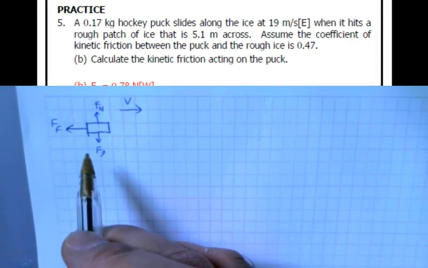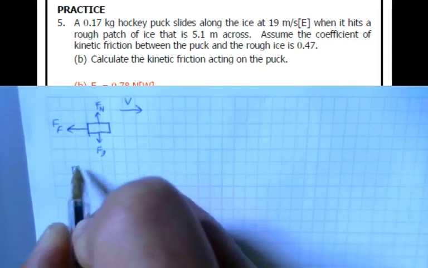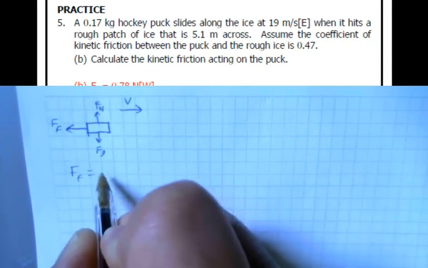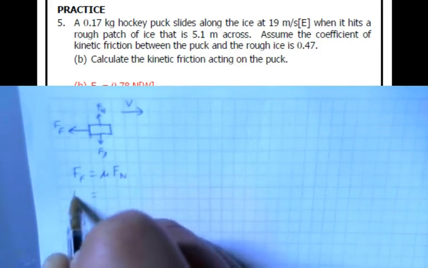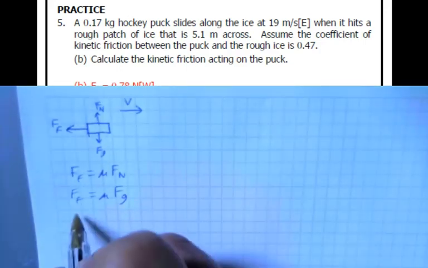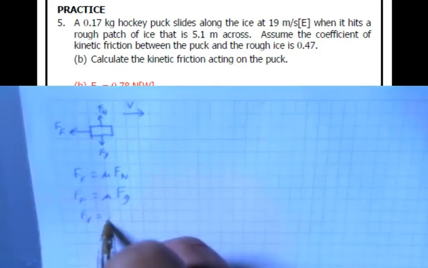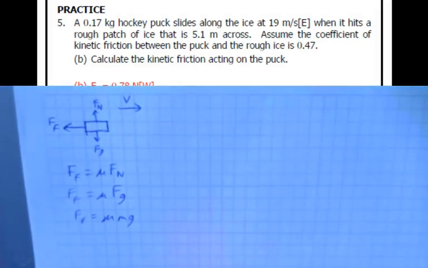Well, if 0.47 is the coefficient of kinetic friction, then FF is equal to mu Fn. And in this case, Fn is equal to Fg. So FF is equal to mu mg.